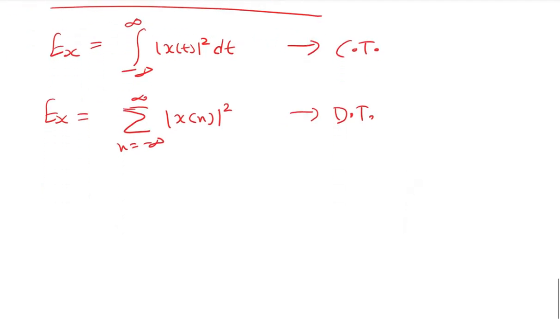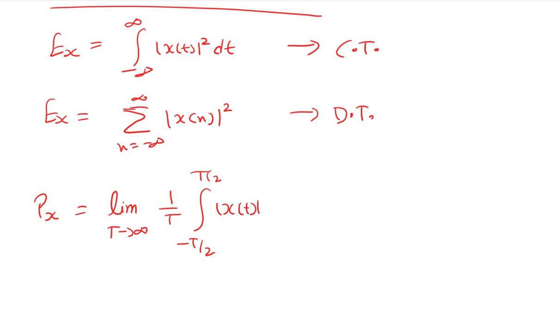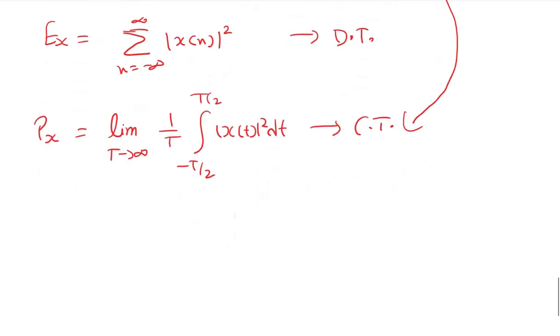Similarly, the power of a continuous time signal can be represented as the limit T tending towards infinity of 1 upon T, integration from minus T by 2 to T by 2 of modulus of x of t squared dt. This is for a continuous time signal. So we can clearly correlate between the energy and power of a signal. Power is nothing but the time average of the energy.